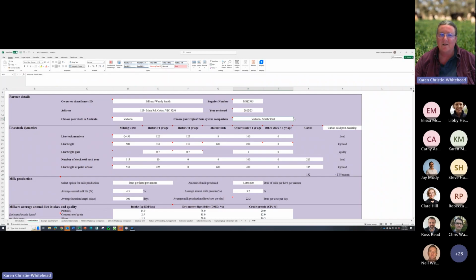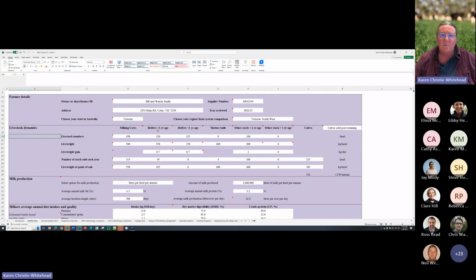Yes, it is a hard number to calculate, and sometimes it might be worth making a note, as there's plenty of space in different parts of the calculator. Bill might have put a note over here, on how I worked out that 450 cows. I worked it out because of X, Y, and Z. So next year, if he wants to do an estimate, he can go back to this sheet and see how he worked out that number, and he's got an idea of how he came up with that 450 milking cows.